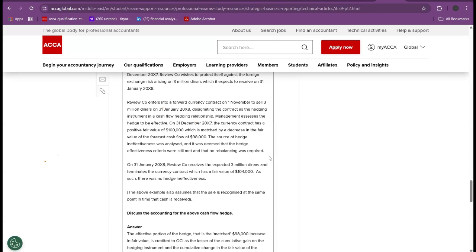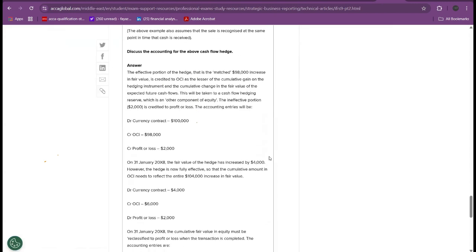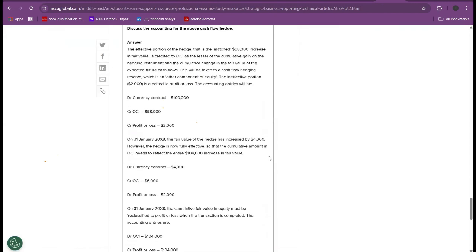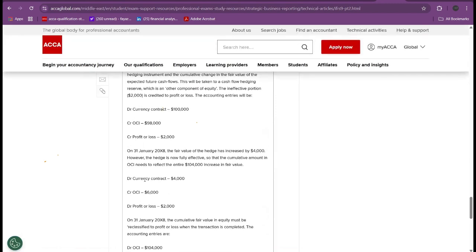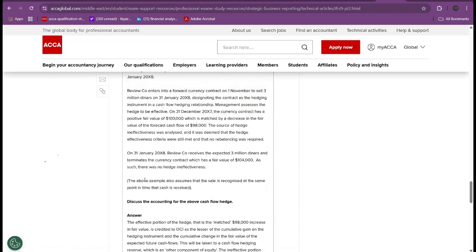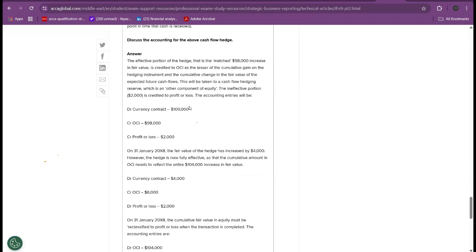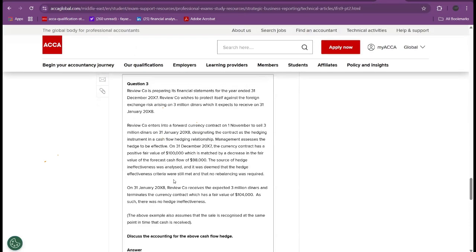So how much is the difference? Yeah, 6,000 is the difference. So 6,000 gain from that 98,000, 6,000 will come in OCI. Well and good. How much was the currency contract that we already recognized? 100,000. I mean, already it was debited to 100,000. So 4,000 extra will be debited, on 31 Jan, the next year. And after that, what was the remaining?